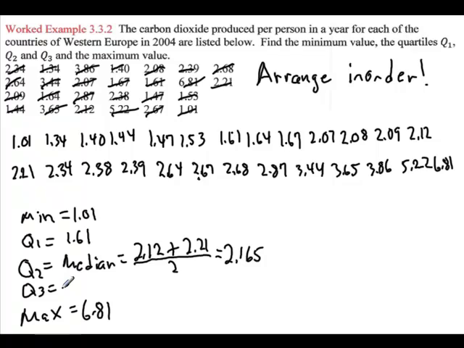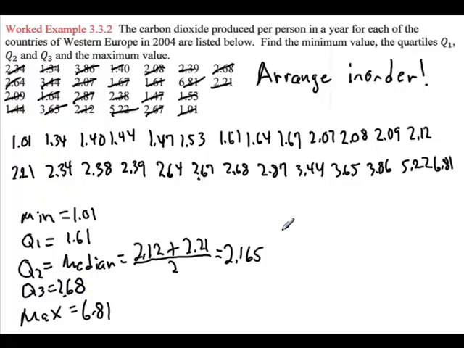And then we take Q3, which is the median of the upper half. So we'll have to count 7 starting with our second half of the data values. So 1, 2, 3, 4, 5, 6, 7 is 2.68.